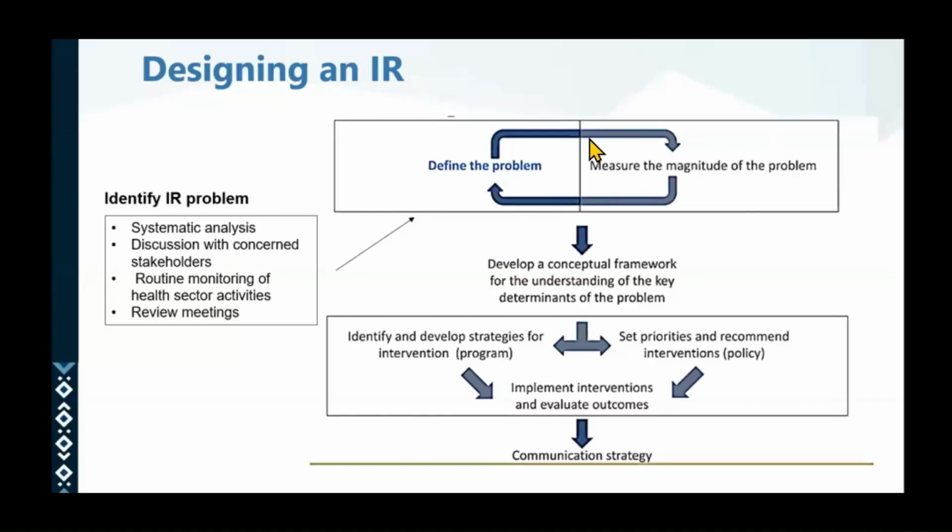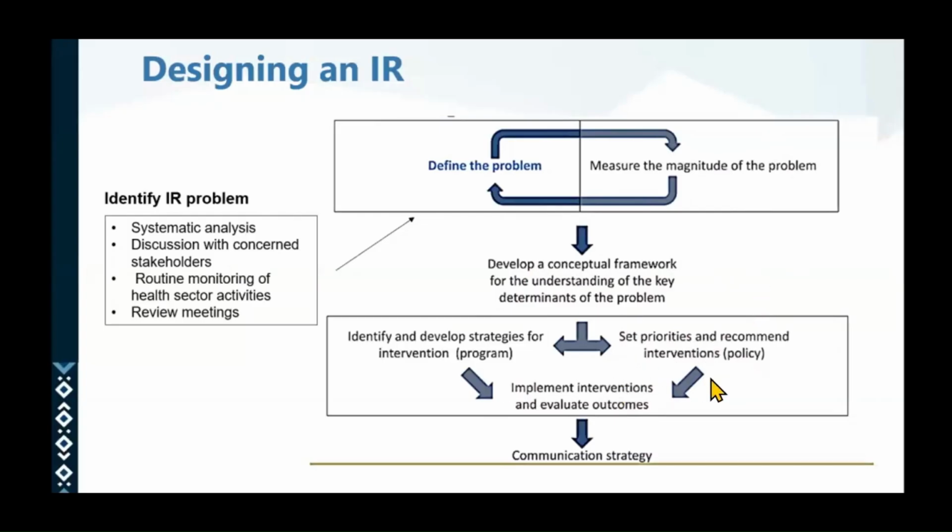Then you can develop a conceptual framework. That's the use of the framework to help you understand the barriers and facilitators to the intervention you want to implement, and also identify and develop implementation strategies for the intervention. And also this should be in line with our policies or, excuse me, priorities or recommendations that have been put in by the stakeholders, maybe in line with WHO recommendations, for example.